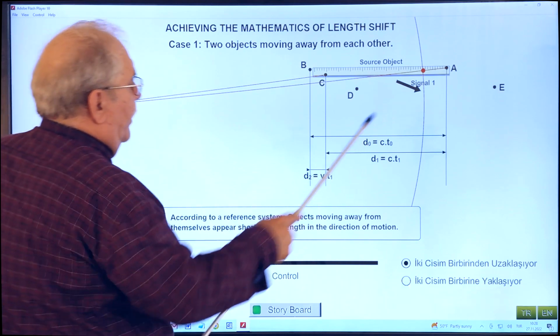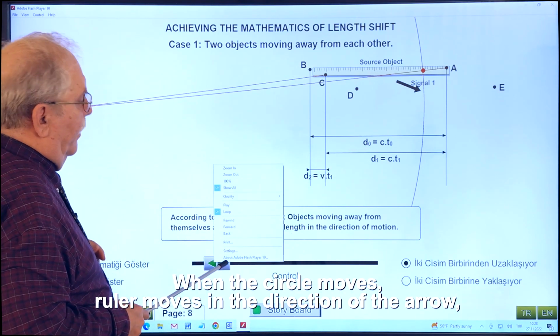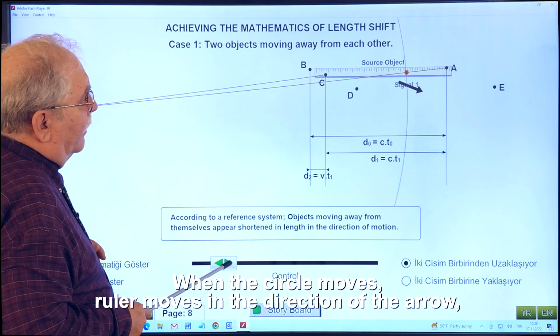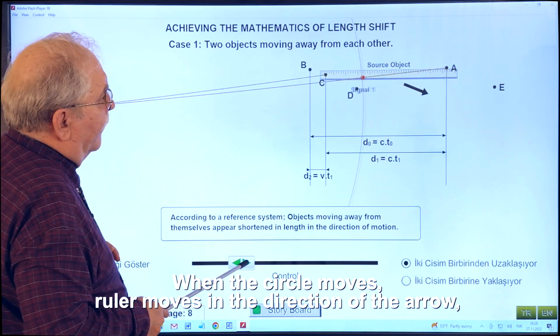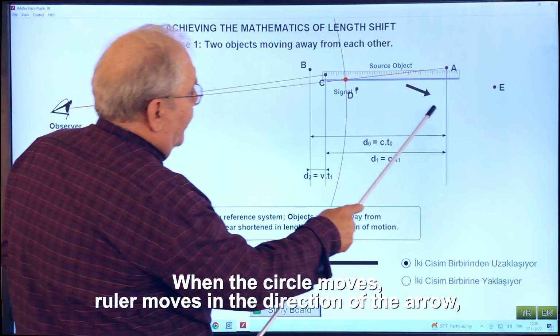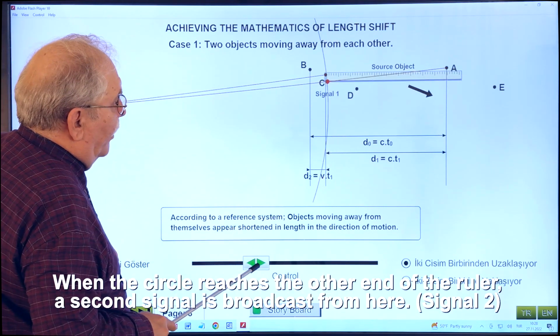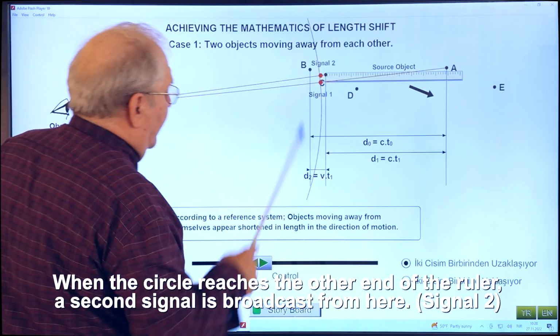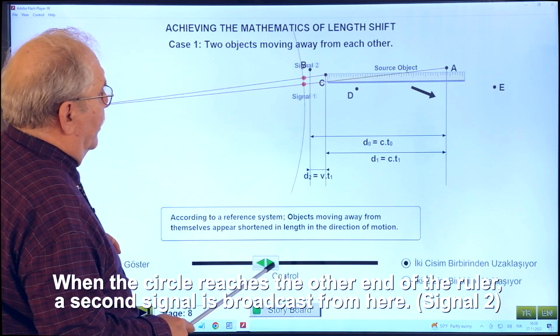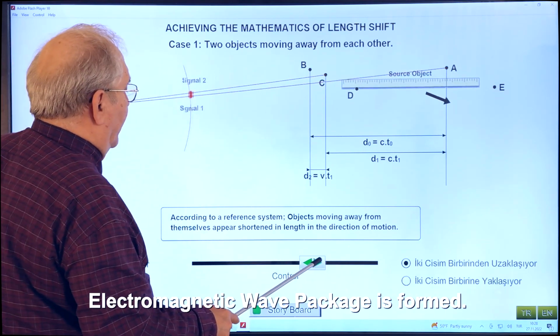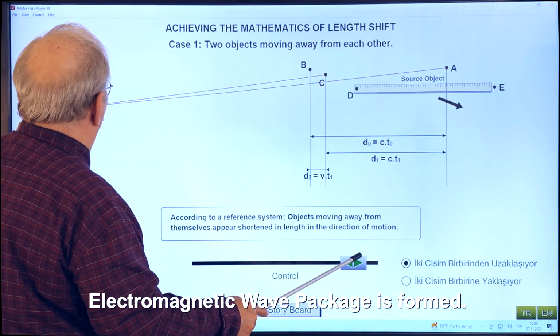Signal 1. When the circle moves, ruler moves in the direction of the arrow. When the circle reaches the other end of the ruler, a second signal is broadcast from here. Signal 2. Electromagnetic wave package is formed.